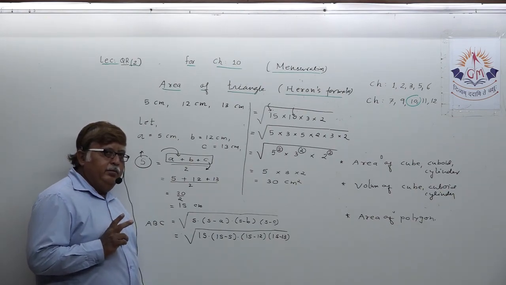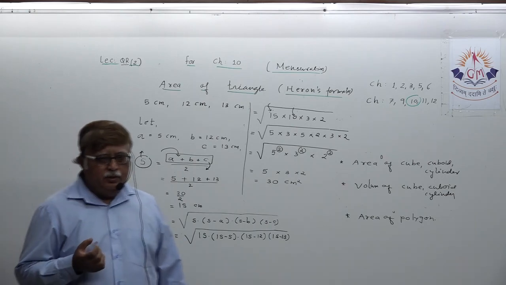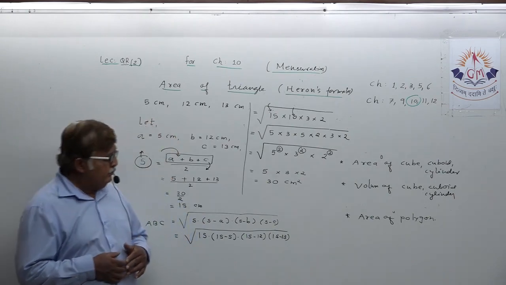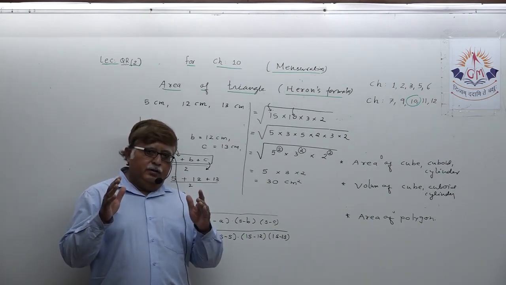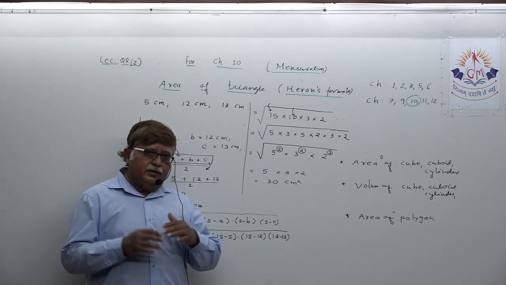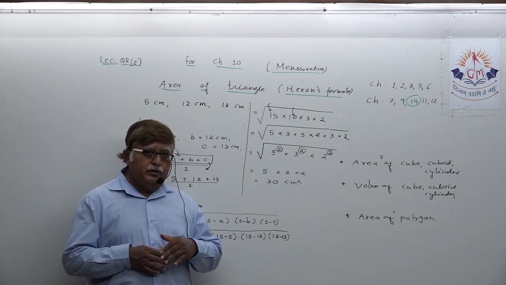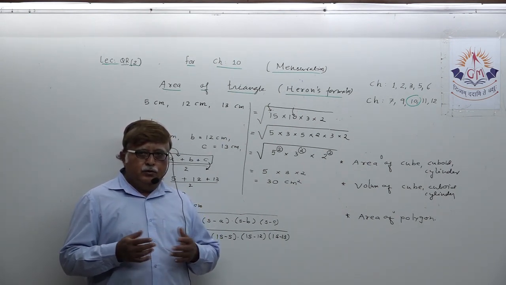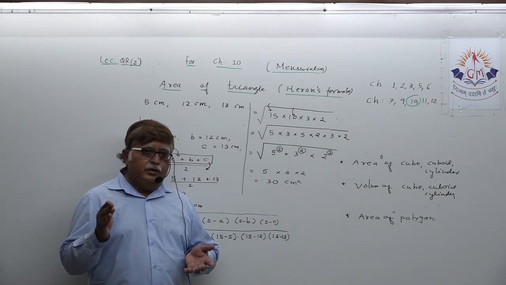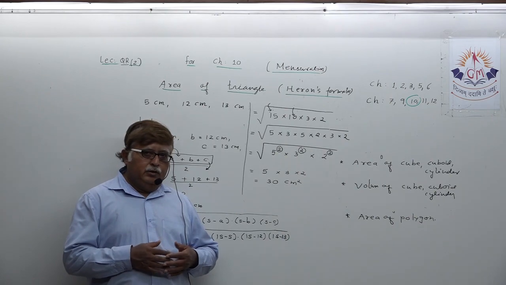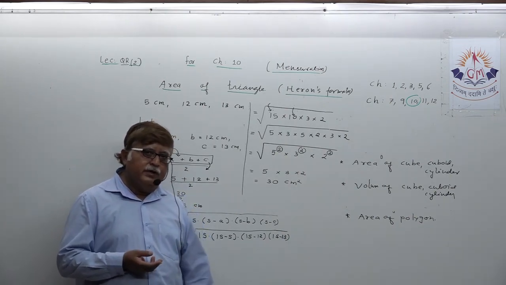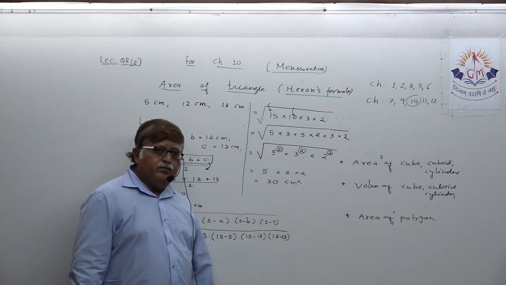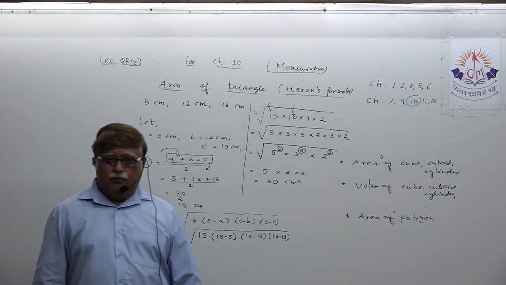Keep this basic in mind, because in examples sometimes it is given like this. Suppose you are given two sides of the triangle and the third side is not given, but at the same time you are given perimeter. So you all know perimeter equal to A plus B plus C. Two sides are given, the third side you can find, because until you have the three sides you are not able to find area of triangle by Heron's formula.